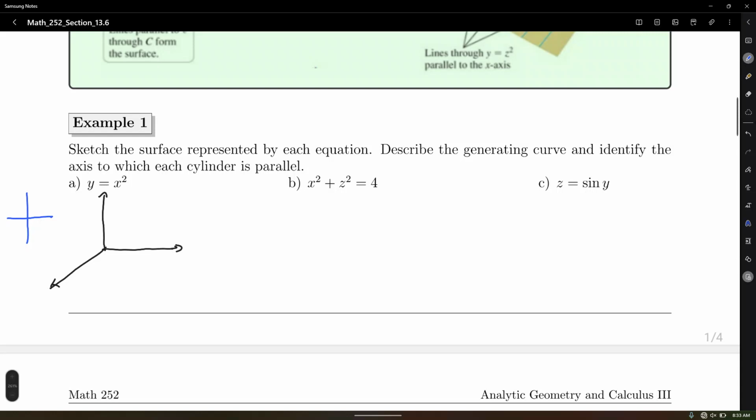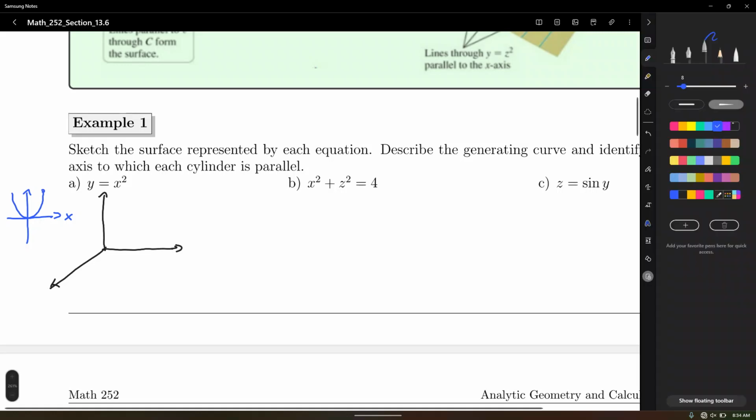Is it x or is it y? X. Okay, so our inputs will be x, our outputs will be y. This is the parabola you already know, right? So now, how are we going to transfer, so to speak, that picture to space? Well, let me extend it to the negative side.